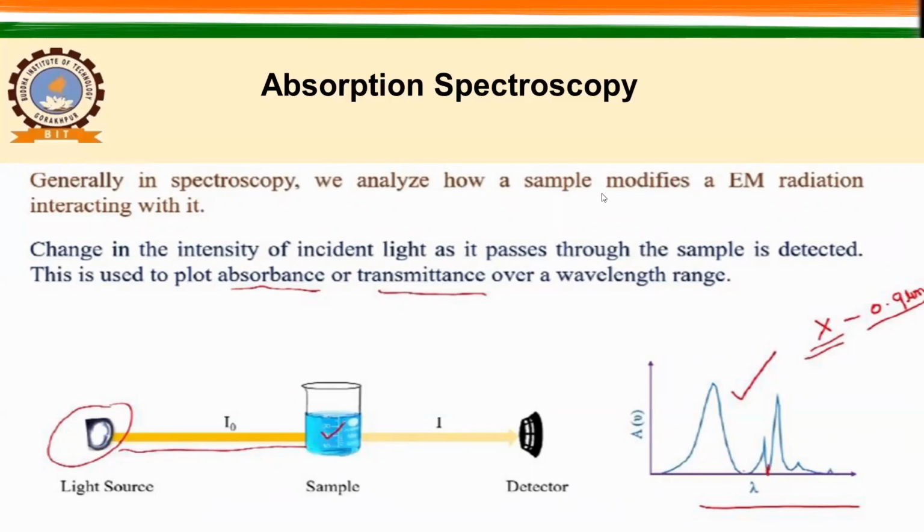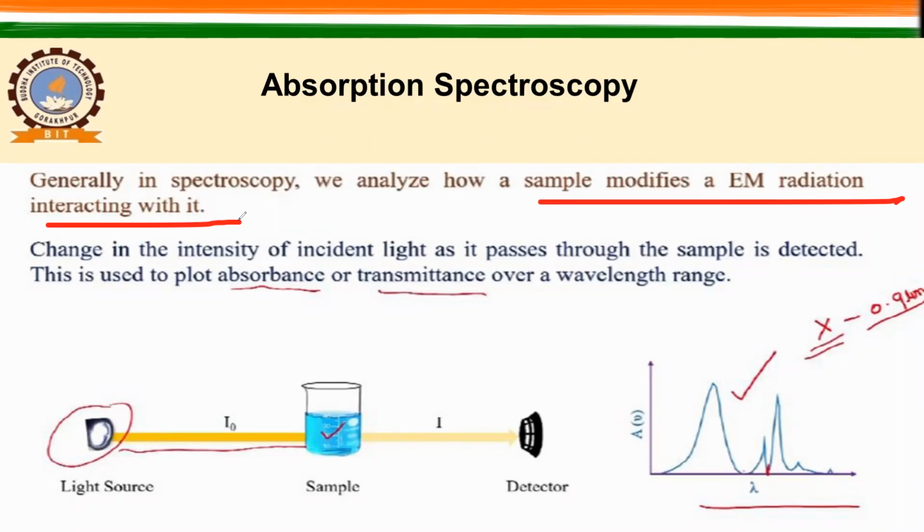तो absorption spectroscopy में हम analyze करते हैं, we analyze how a sample modifies an EM radiation interacting with it. Okay, so basically we see how it is interacting and what is their end result, right? So change in the intensity of the incident light as it passes through the sample is detected.